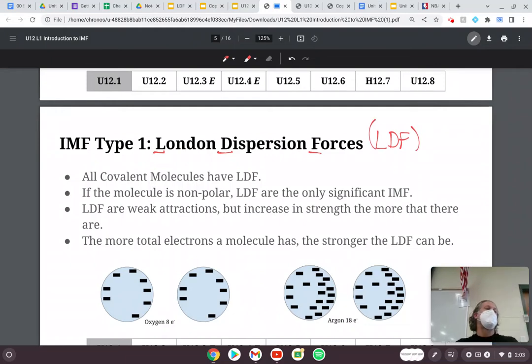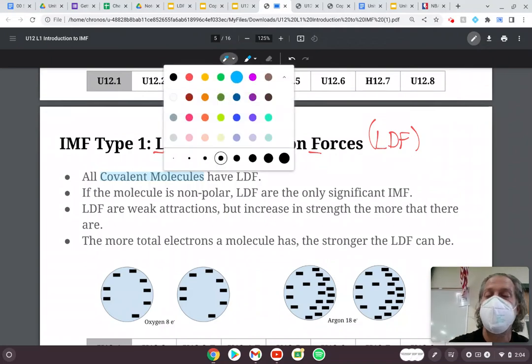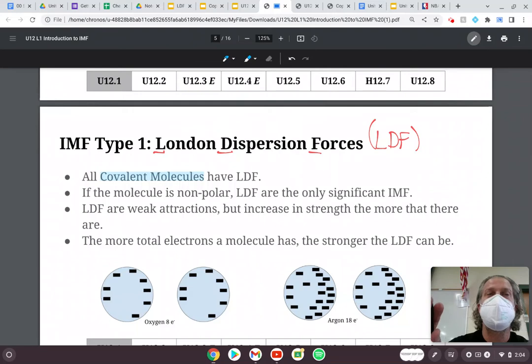Okay. Now, London dispersion forces exist in all covalent molecules. So if there's a covalent molecule present, it's going to have London dispersion forces. And that's the minimum qualification for a structure to have a London dispersion force.